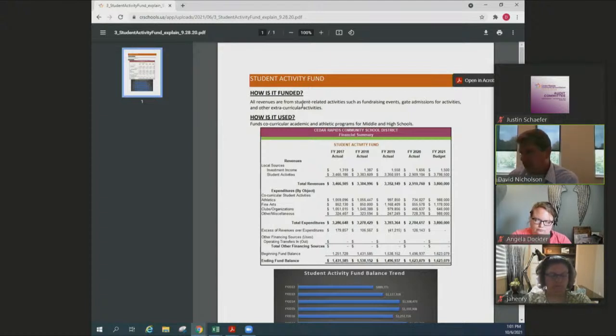I think this year the board authorized about a $160,000 transfer from the general fund to the student activity fund to support the deficits that existed this past year. And they're allowing you to do that for 3 years: FY21, FY22, and FY23. They're going to allow school districts to take a look at everything and see if there were any deficits due to COVID and the circumstances around that, to allow districts to make some transfers. Typically, that is not allowed.